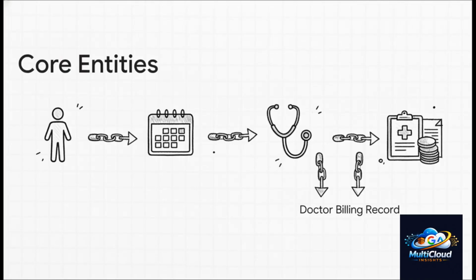Before we even think about picking a database engine or looking at a cloud provider, we gotta start by understanding exactly what data actually exists in our system. And these aren't just isolated technical terms or simple database tables, right? These entities represent the interconnected operational reality of the entire hospital. A patient is connected to an appointment, which is connected to a doctor, which generates a medical record and a billing record.